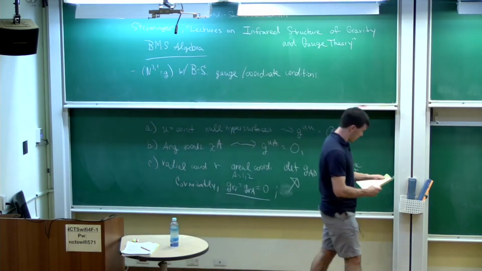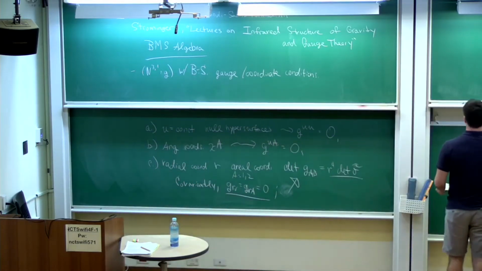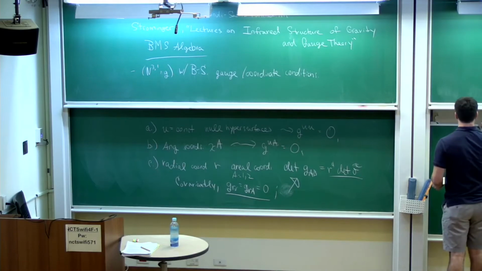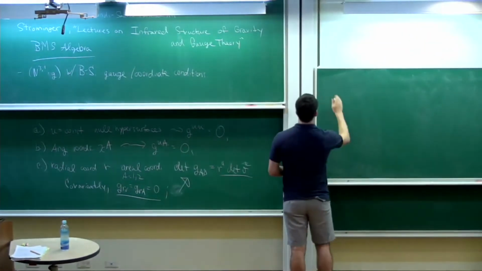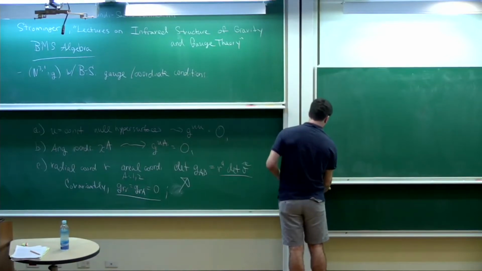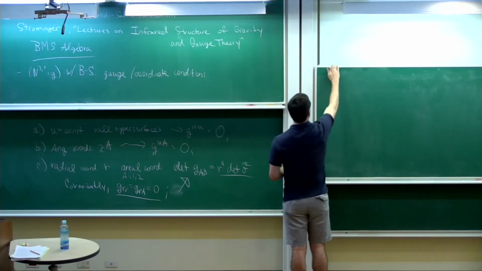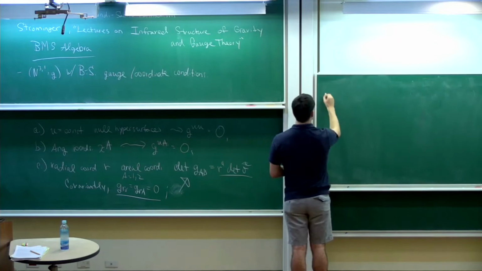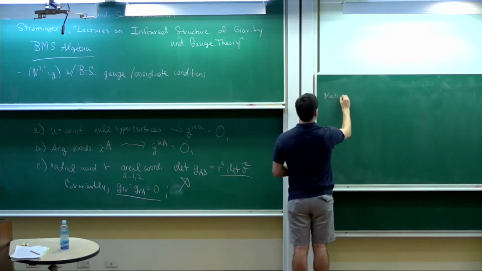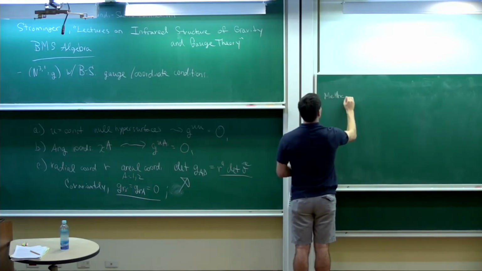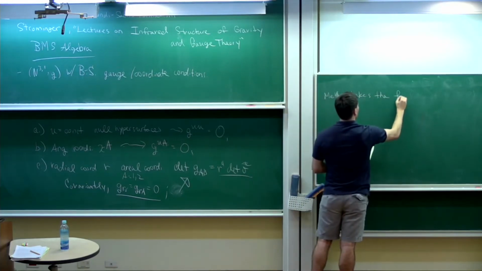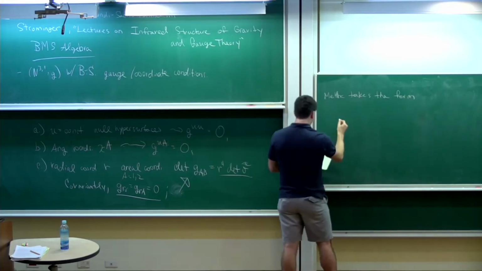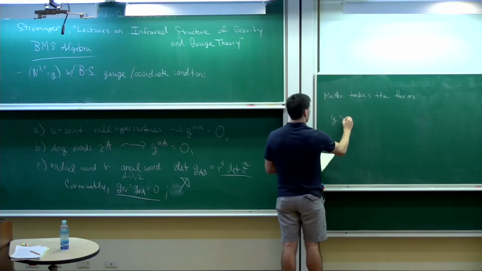We don't have any remaining gauge freedom. And the metric, as a consequence, takes the form like so.